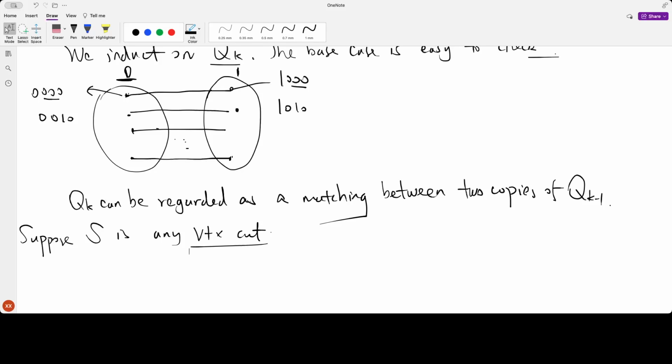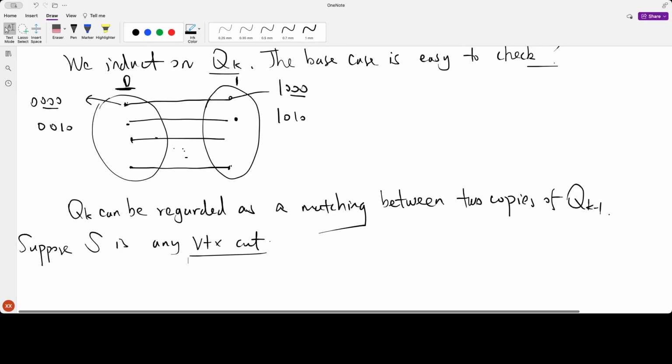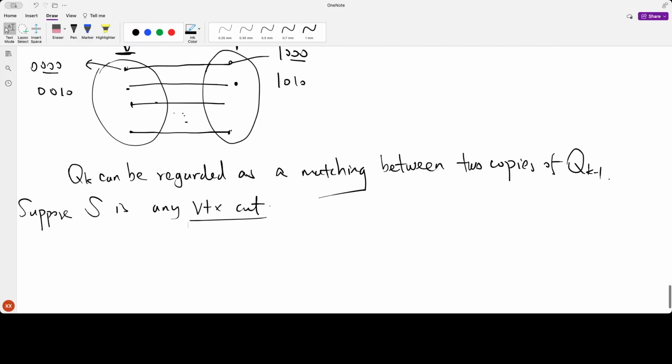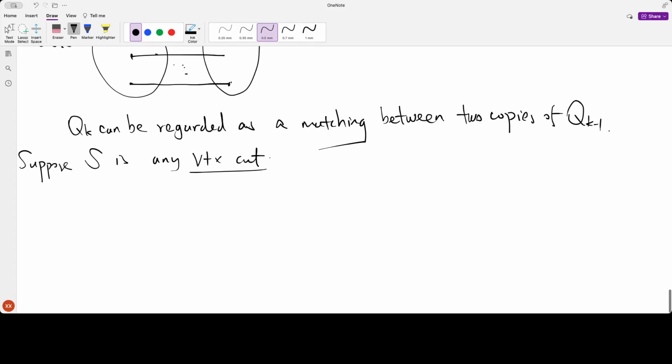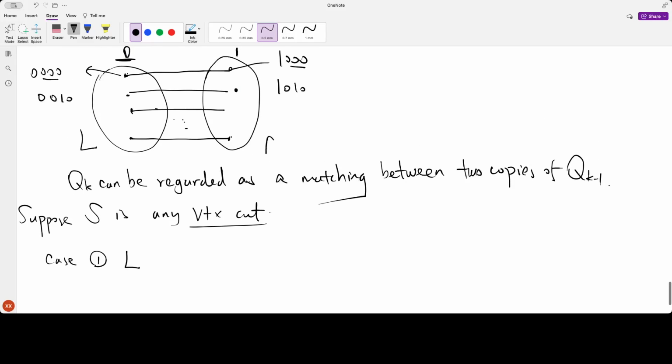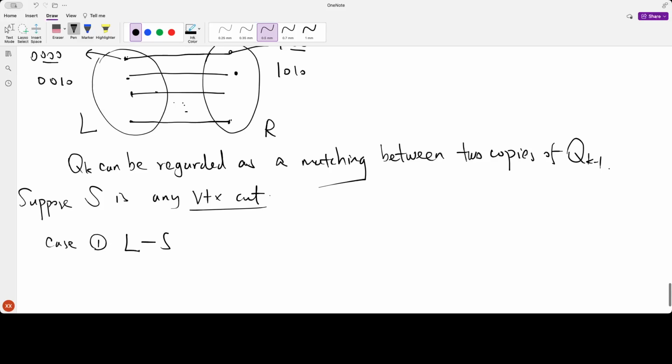So suppose S is any vertex cut, and I want to show that S has size at least k. There are two situations. So remember this picture, maybe later I'll draw it again. So case 1. This part I call L, this part I call R. L minus S is connected, and R minus S is also connected.